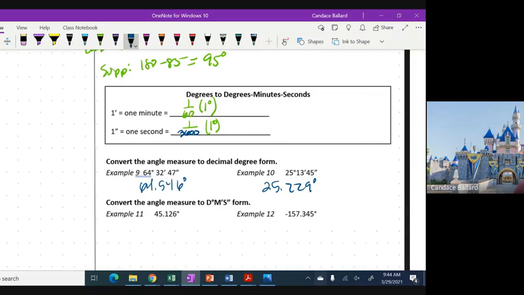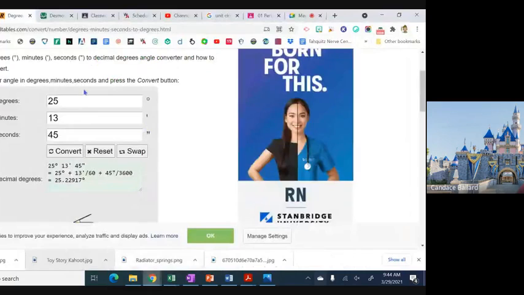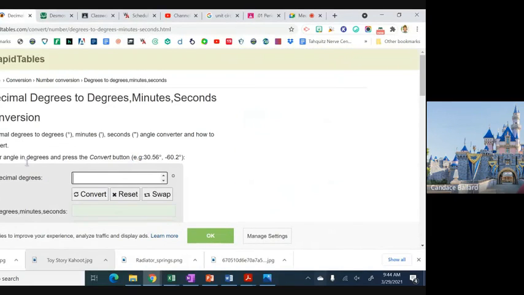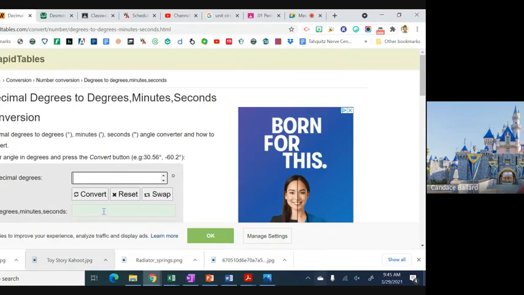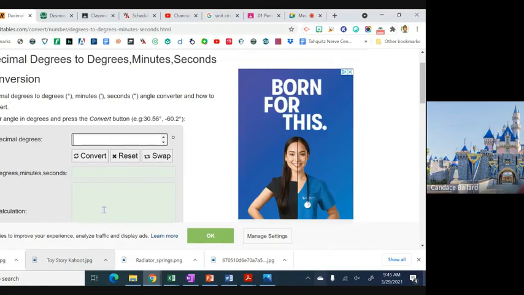All right, next it wants me to go backwards. So now it's saying take that decimal degrees and turn it back into degrees, minutes, seconds. So I'm going to use that same calculator. Do you see how it says swap? So I'm going to hit swap conversion. And now it wants the decimal degrees, and it's going to tell it to me in degrees, minutes, seconds.